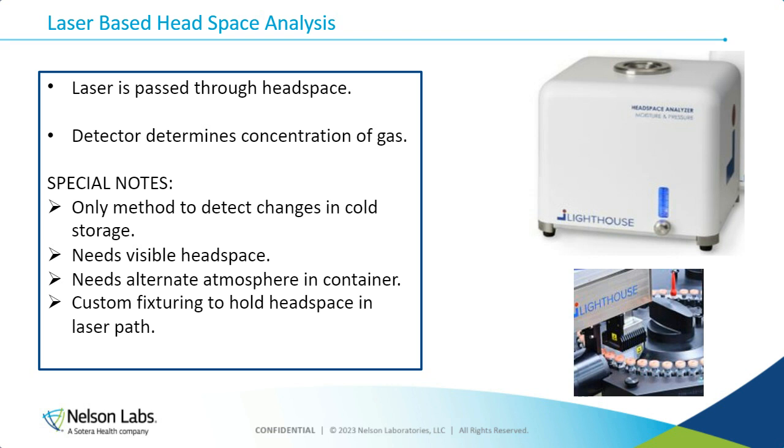But then when that sample was brought out of storage and moved to room temperature, the stopper is going to expand back to its normal position and seal that leak. Therefore, when it's tested, it's going to pass. Based on this method, when the stopper is in cold storage and contracted, you'll get a change in the gas mixture, and then that becomes sealed as it comes to room temperature, and you would be able to detect that with this method. So that's a caveat for this one.